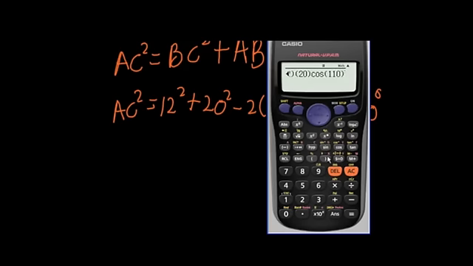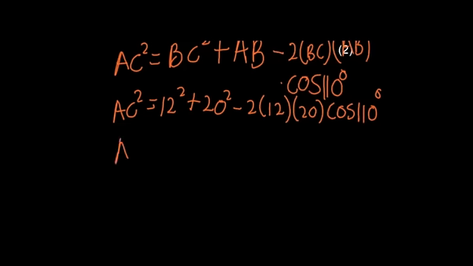Let's close that. And there's the answer, 26.61. So it'll mean that AC, if you find the square root of that, is now going to be 26.61.